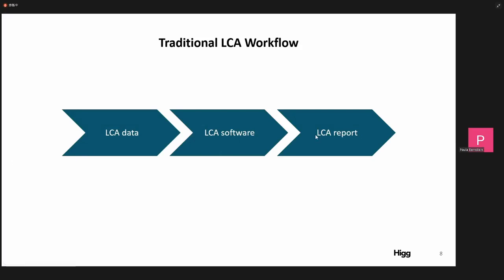And then at the end of that analysis, you get a static report, usually in like a Word document or PDF document. So I think MSI kind of fits between the LCA software and LCA report, since it's a simplified LCA tool. We don't, of course, produce a report, but we make interpretation a lot easier and streamlined, and allow users to have access and understand the LCA data without necessarily having to learn how to use the LCA software or to hire a consultant.